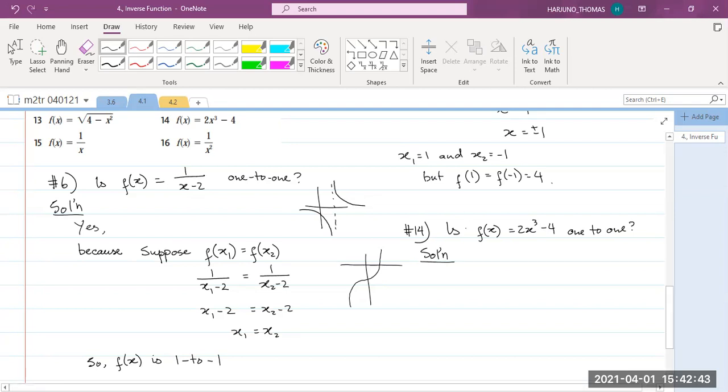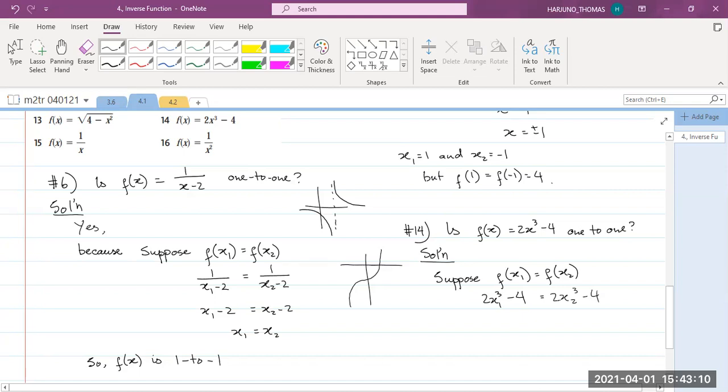Now, then we prove this analytically. Suppose we have f(x1) equals f(x2), which means 2 x1 cubed minus 4 equals 2 x2 cubed minus 4.